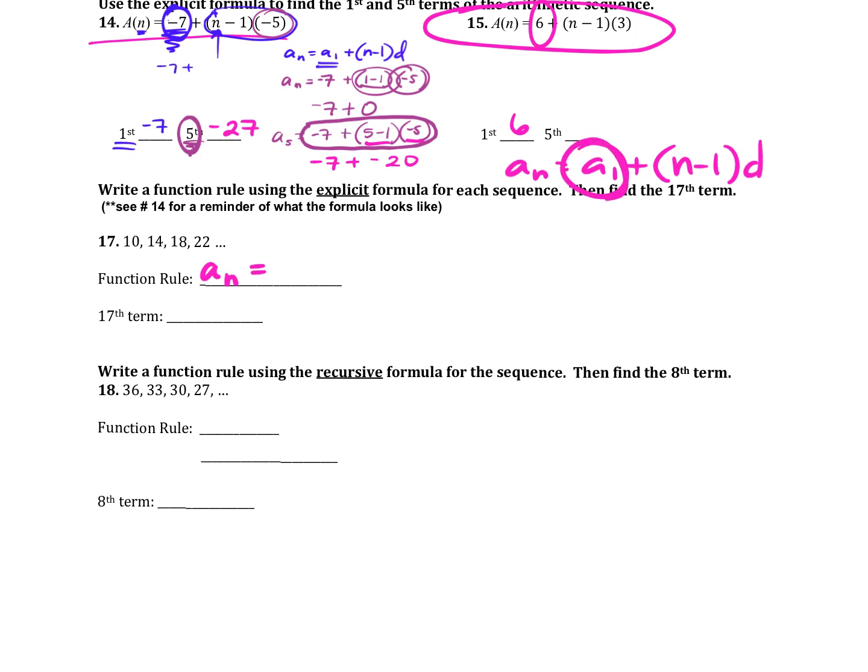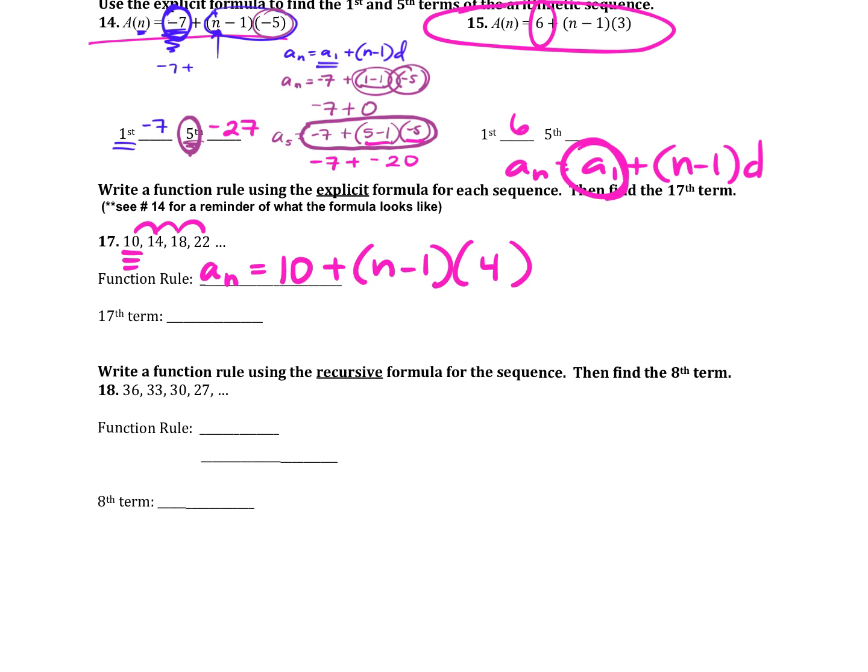The first term, which is 10. Your first term, okay? 10 plus, when you write the function rule, you leave the n in there. What is d? It's 4. It's the common difference. Plus 4 times n minus 1. Okay? So when they ask you for the function rule, that's it.